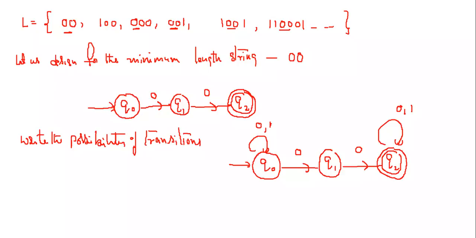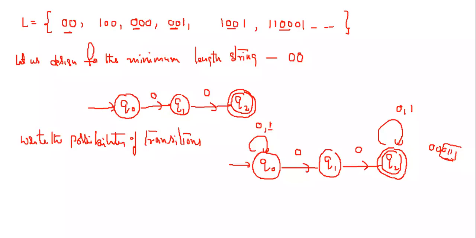Here on Q0, on taking 0, I will be on Q0 only, and on taking 1, I will be on Q0 only. But at one time, on taking 0, I am going to Q1. On taking 0 on Q1, I am going to Q2, settling on Q2 and making Q2 the final state. Now after reading 0, 0, if any number of zeros or ones come, I will be on the same state. So this is the way of designing the NFA.